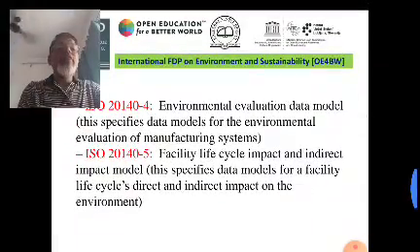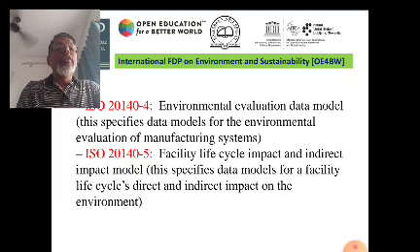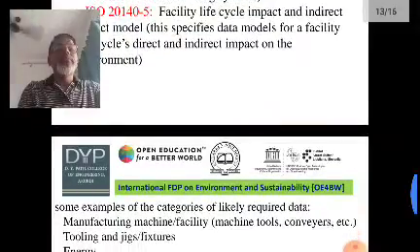And the fifth part of this ISO standard is the facility life cycle impact and indirect impact model. This specifies the data models for the facility life cycle's direct and indirect impact on the environment.